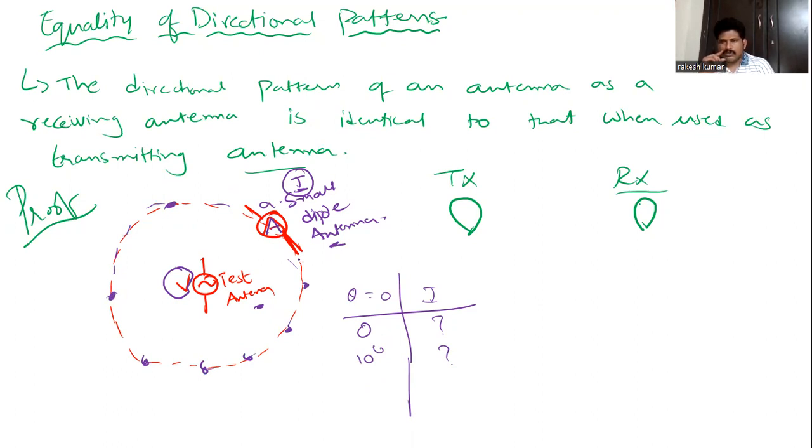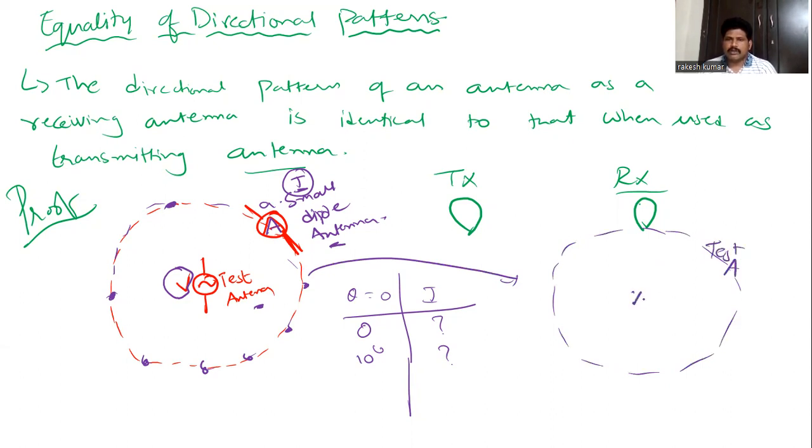Now, using the concept of the reciprocity theorem, we will interchange this. In the second case, the test antenna will be here and the short dipole will be here.